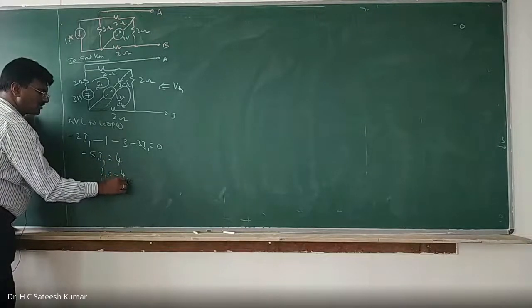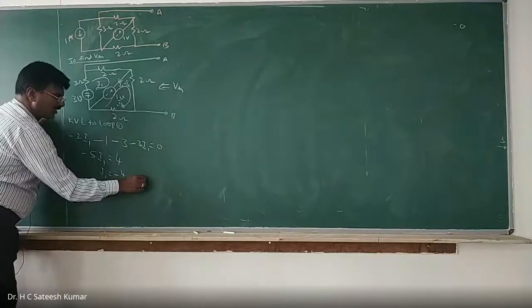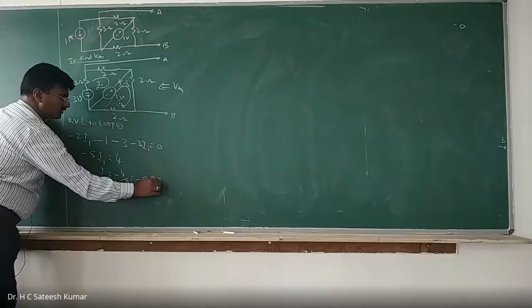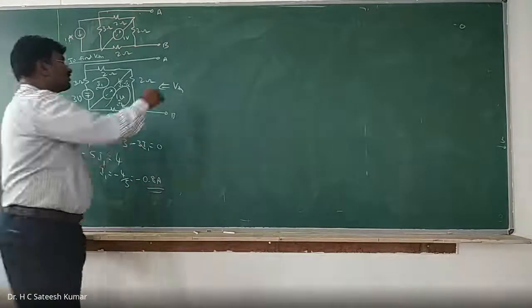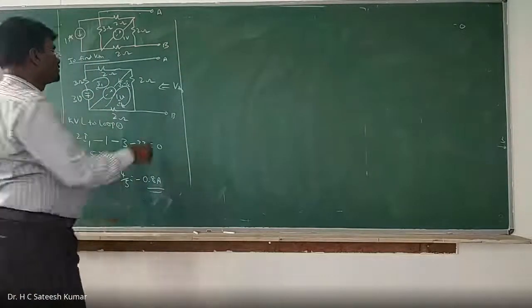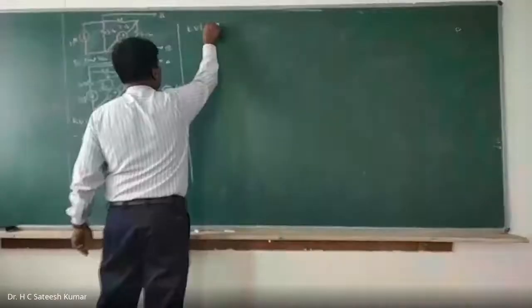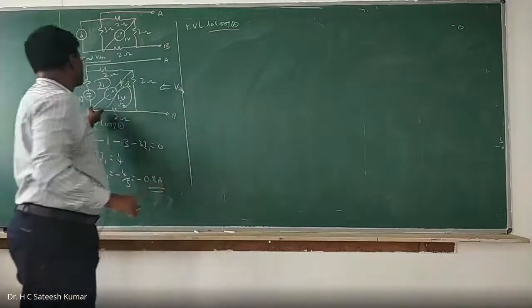How much is that? 0.8, minus 0.8 amps. Minus 0.8 amps, you will get it. I1, we got it. KVL to loop 2. Okay, right. Start from this point, or you can start from this.